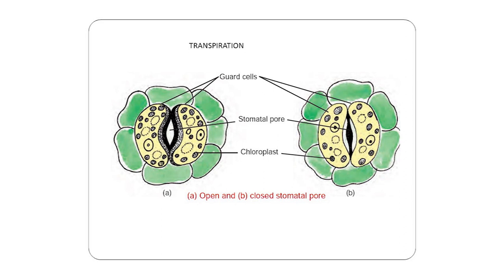Then when the gaseous exchange or evaporation of water is over, the guard cells become flaccid, shrunken, thereby closing the stomata. So this is called the mechanism of stomatal transpiration.